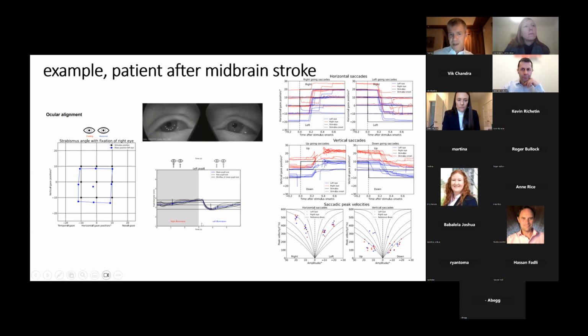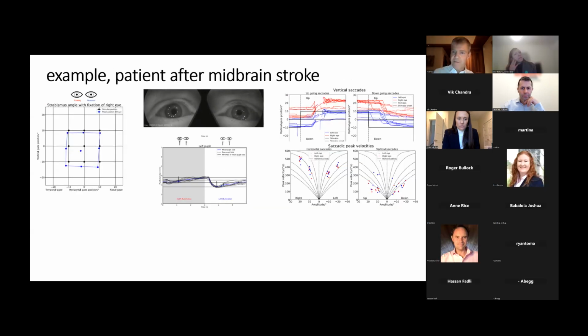And the third thing we can see in the same patient is when there is light shining into the right eye, the pupil does not react. When we shine light into the left eye, the pupil reacts very nicely. So what do we neuro-ophthalmologists do with this kind of information?